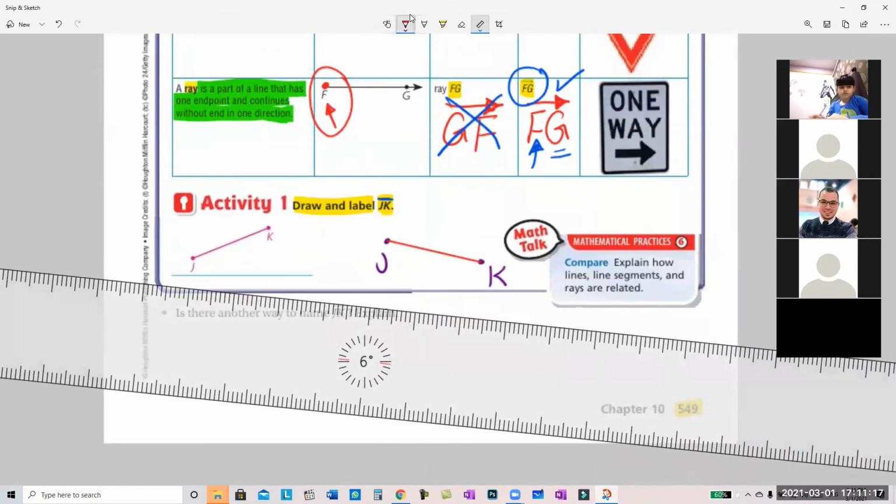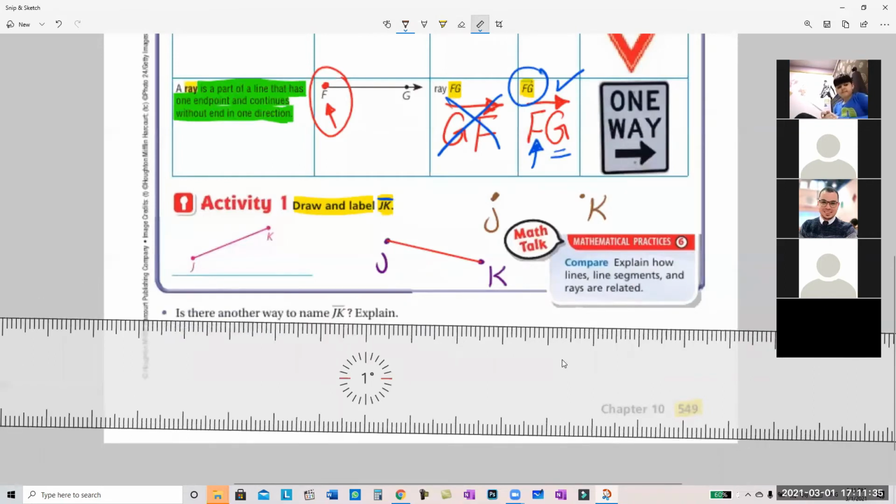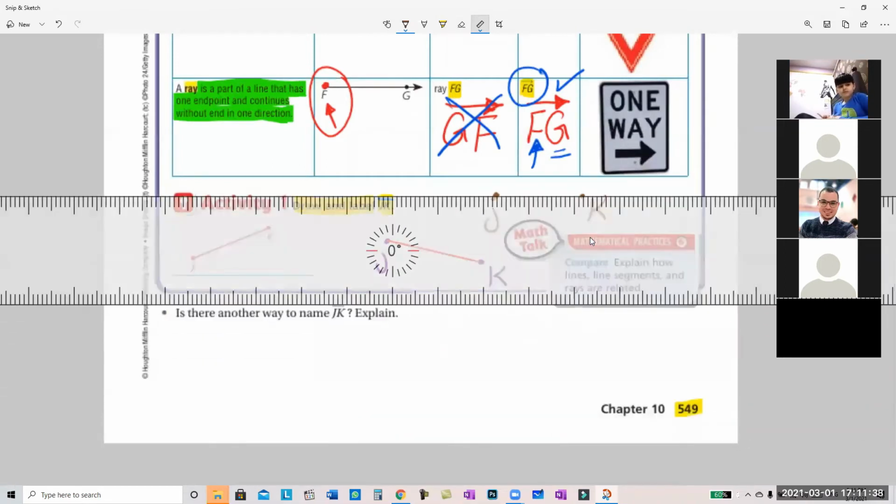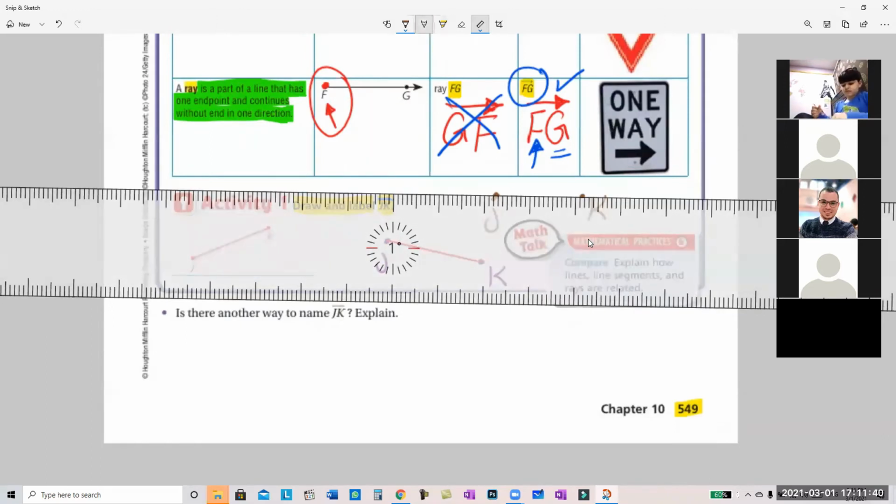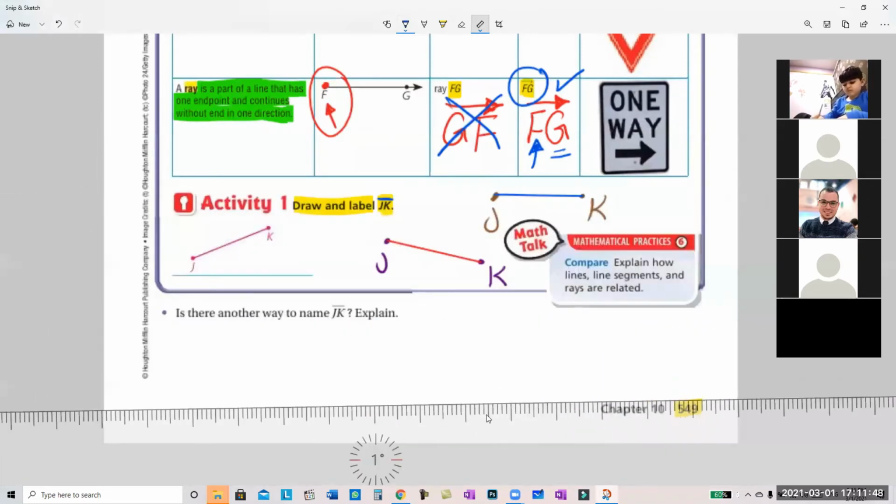Just locate the two points, J and K, and then adjust your ruler like that and match them together. Join them together like that, so it will be JK. So you can use it with different directions.